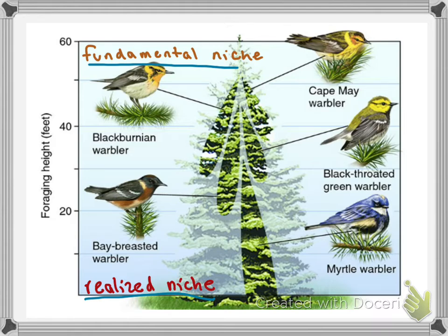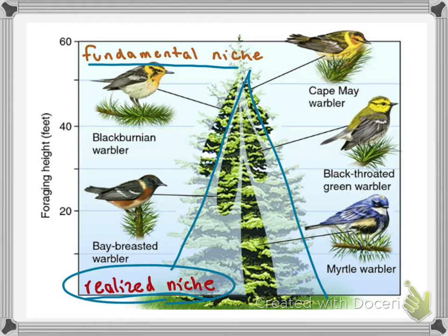So for example, although these birds that we see here all have a fundamental niche that would be potentially this entire tree, in actuality, they spend their time eating in different parts of the conifer. So their realized niche is different elevations of the tree.